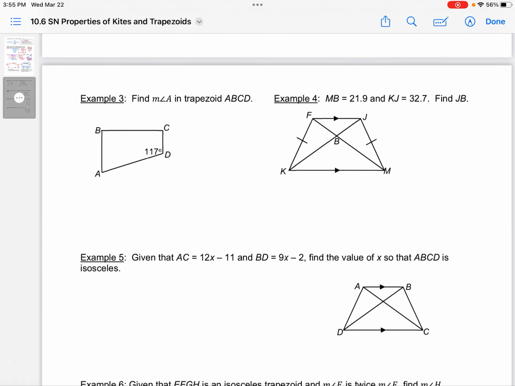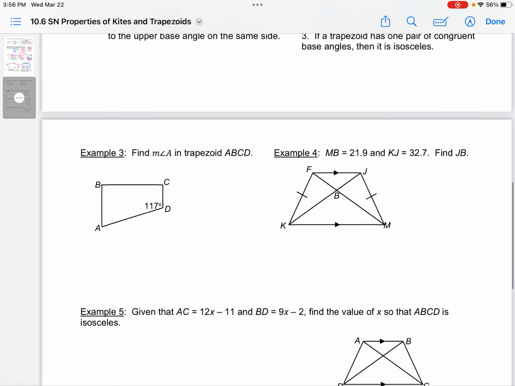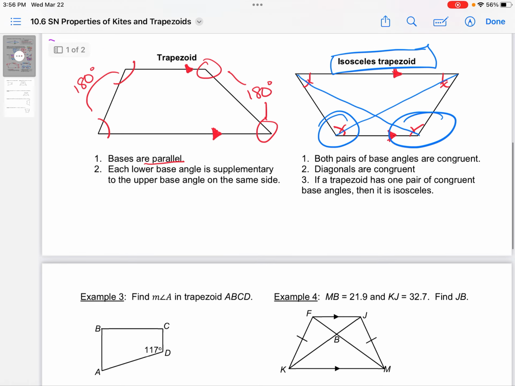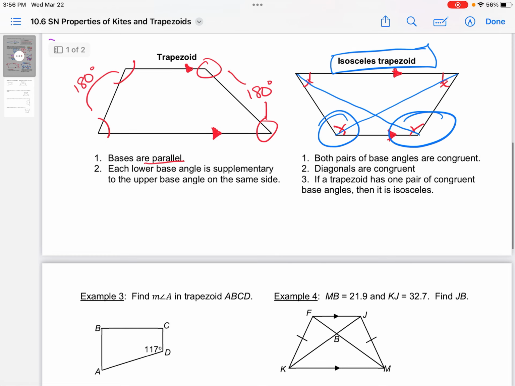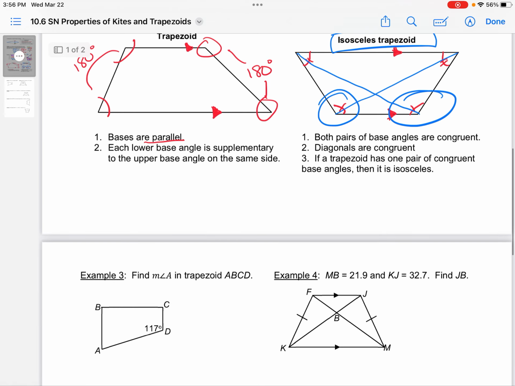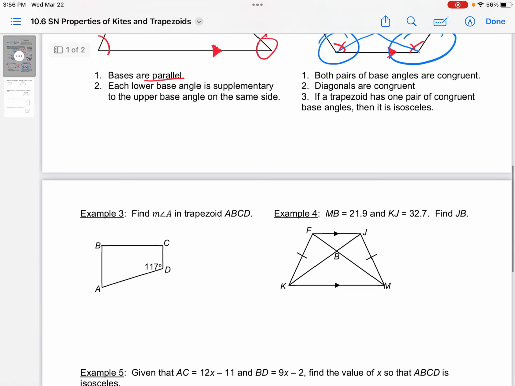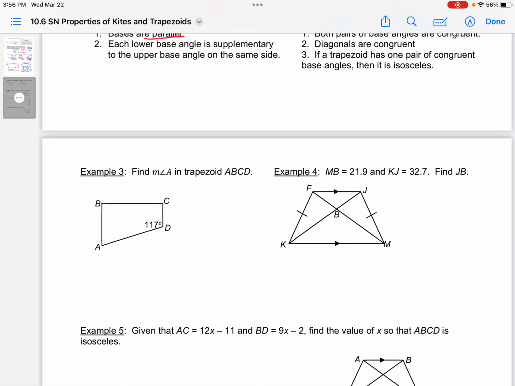Okay, so here's the angles in a trapezoid. So we have A, B, C, D. And what did we just say about those two angles? A and D is going to be, actually, any pair of consecutive angles is going to be 180.